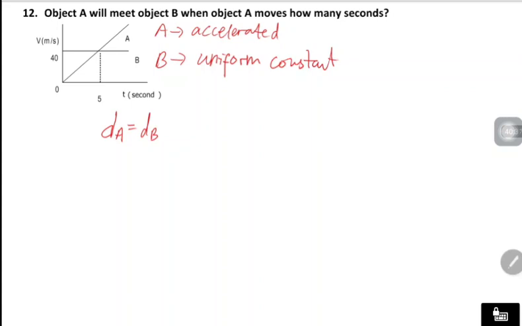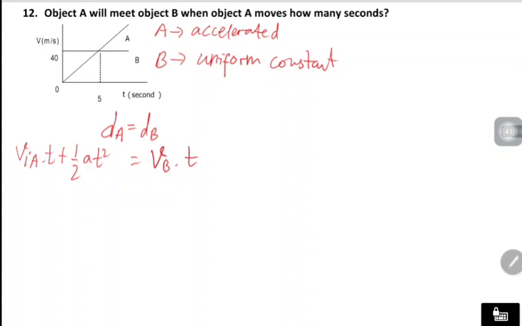Because A moves with accelerated motion, the formula of distance is initial velocity of A times t plus 1/2 a t squared, equal to the distance of B, which moves at constant velocity, so the distance is found by velocity of B times t.